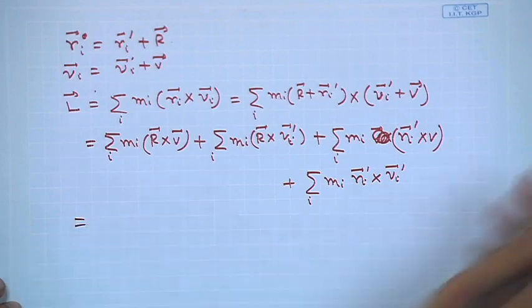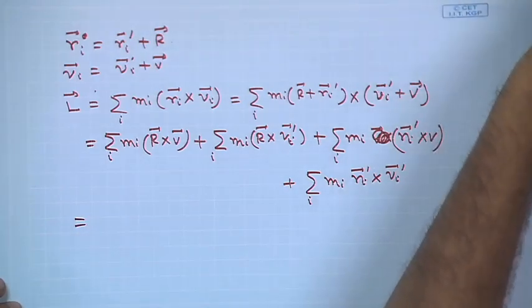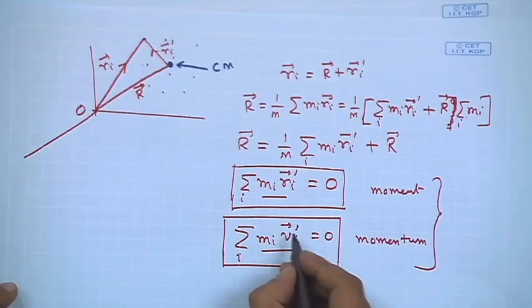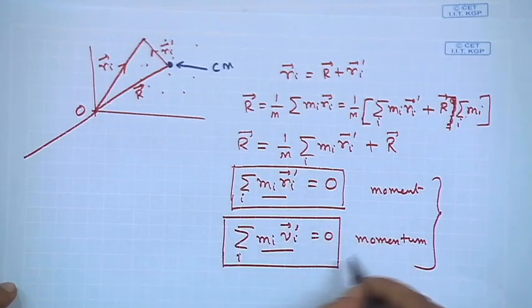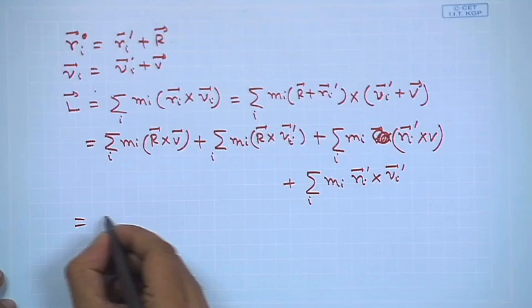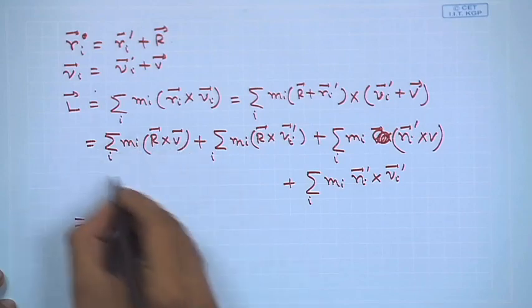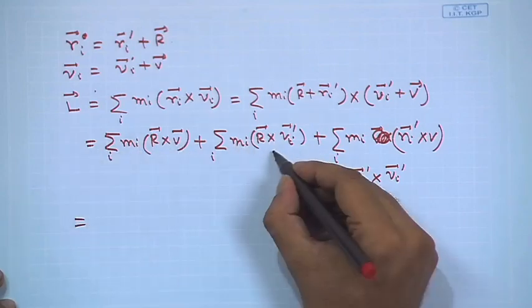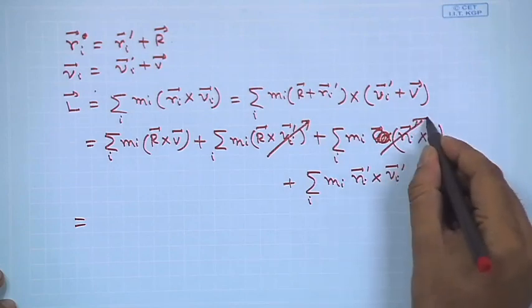Now, the relation which we just proved, that the moment and momentum around center of mass vanishes, by that particular relation we can set these two terms equal to 0.